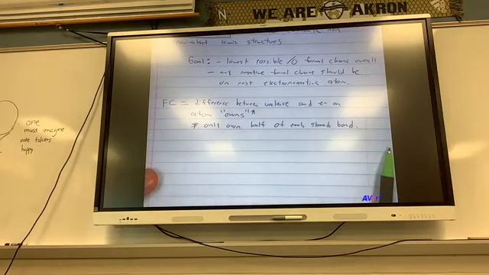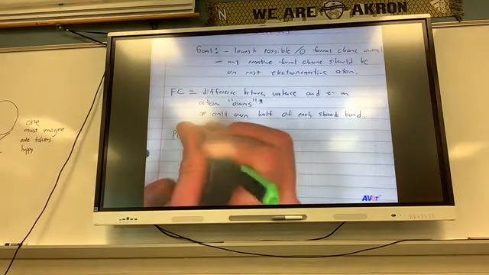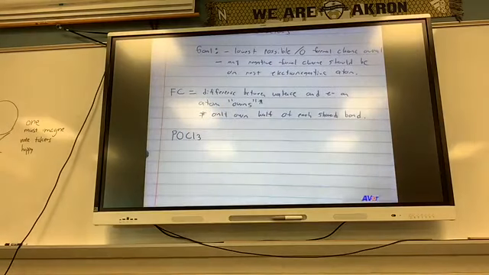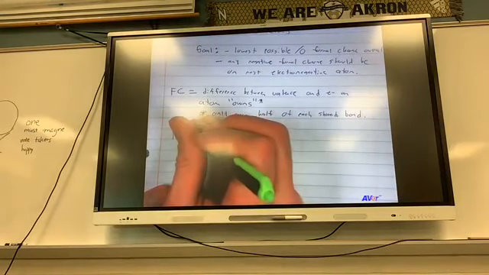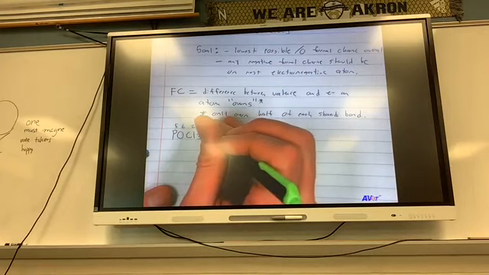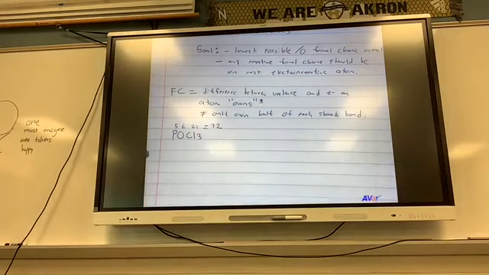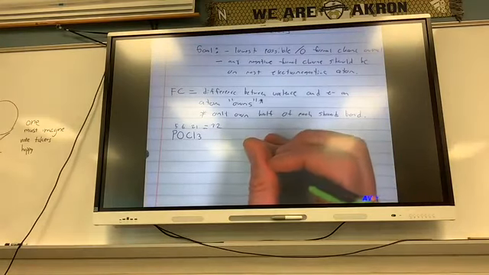So here we go. Let's look at POCl3. Phosphorus has 5 valence electrons, oxygen 6, chlorine 7 times 3 is 21. 5 plus 6 plus 21 is a total of 32 electrons. On this one, I'm just going to tell you, phosphorus has to go in the middle.